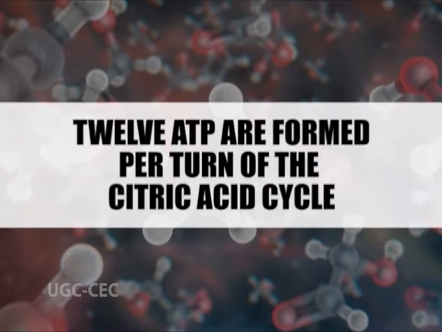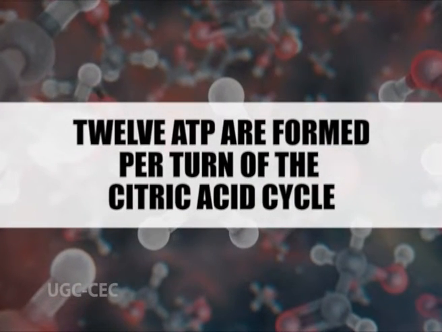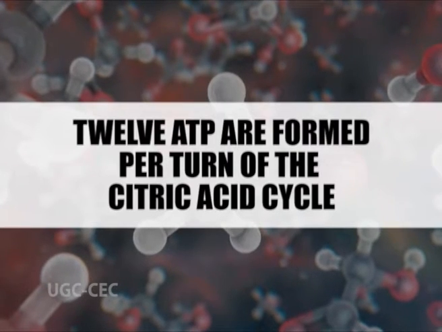Now let's see how 12 ATP molecules are formed per turn of the citric acid cycle. As a result of oxidations catalyzed by the dehydrogenases of the citric acid cycle, 3 molecules of NADH and 1 of FADH2 are produced for each molecule of acetyl-CoA catabolized in 1 turn of the cycle.